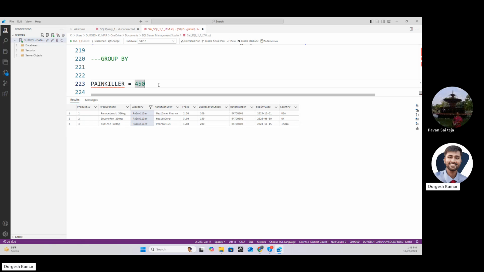Because if I'm writing painkiller one time, then how can I show the different prices? I will have to do something. Either I take sum, average, mean, max, any aggregation. Correct? Do we need aggregation or not to group these rows? Yeah, we do. That's why aggregation is mandatory whenever you are doing a group by.